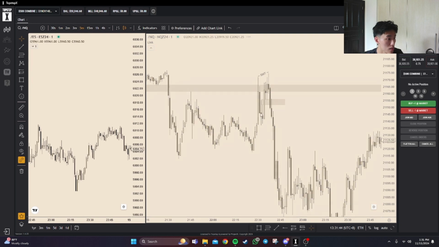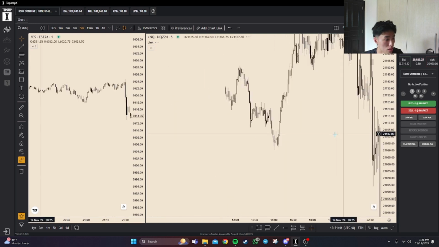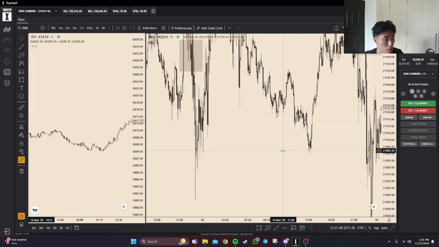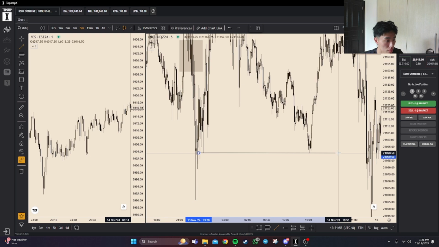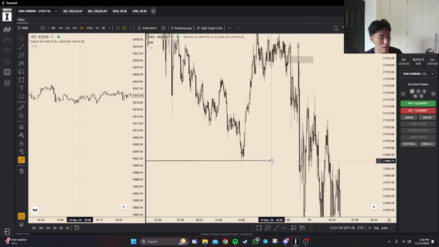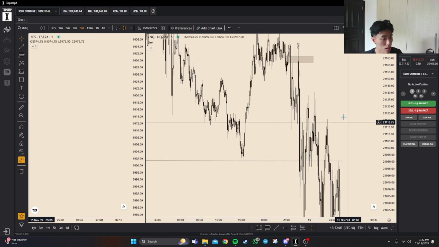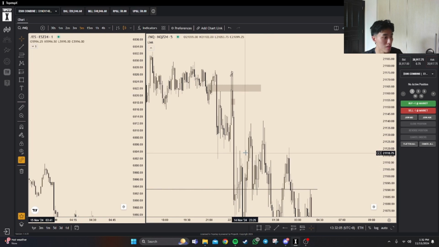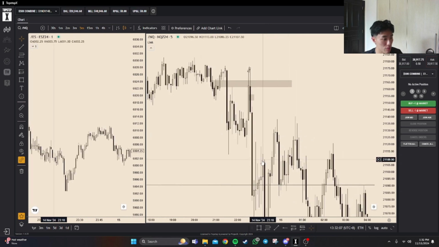As well as, if you look on the higher time frame, we have equal lows here. Which I use as a target, but I did not use that as my final take profit.